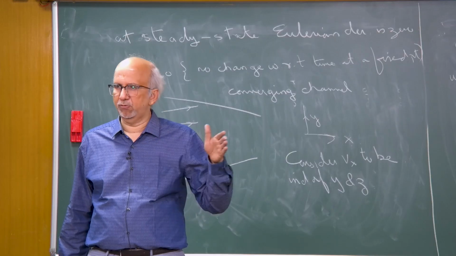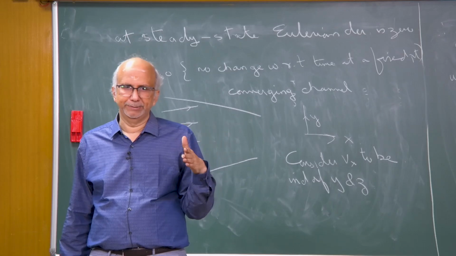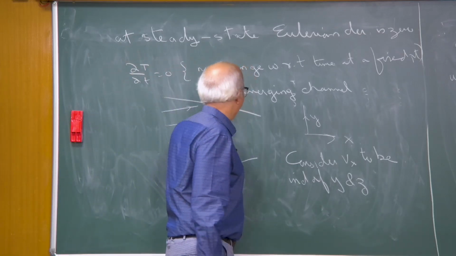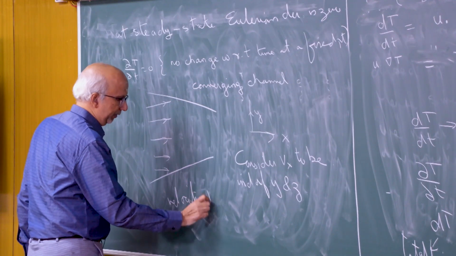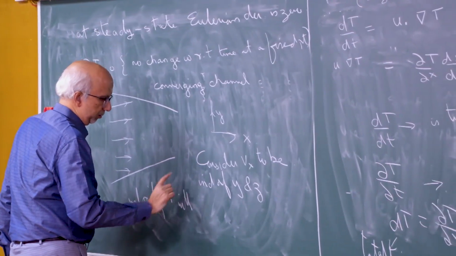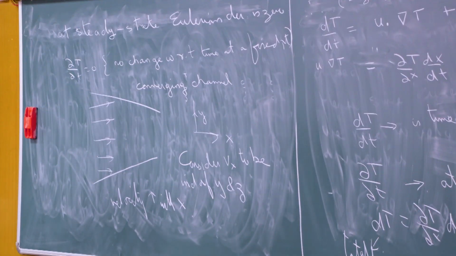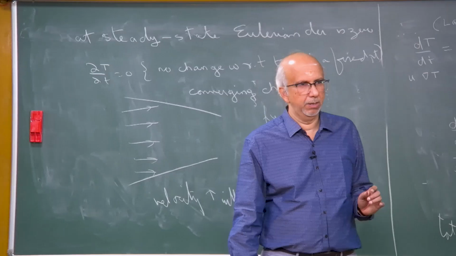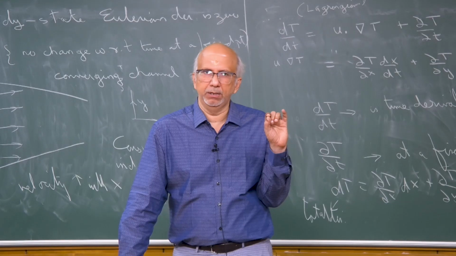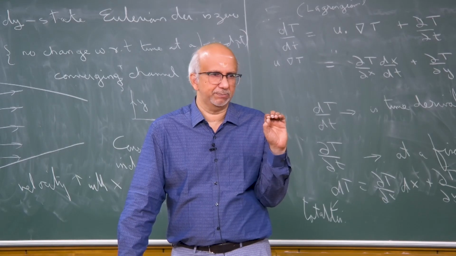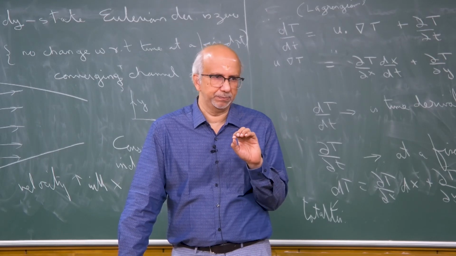So the same volumetric flow, same mass flow has to go through at every point and therefore velocity will increase, okay. Velocity increases with what? X, okay. So and at every point in this channel the velocity, let us say, does not change with respect to time, okay. So we have what is called the steady state situation.